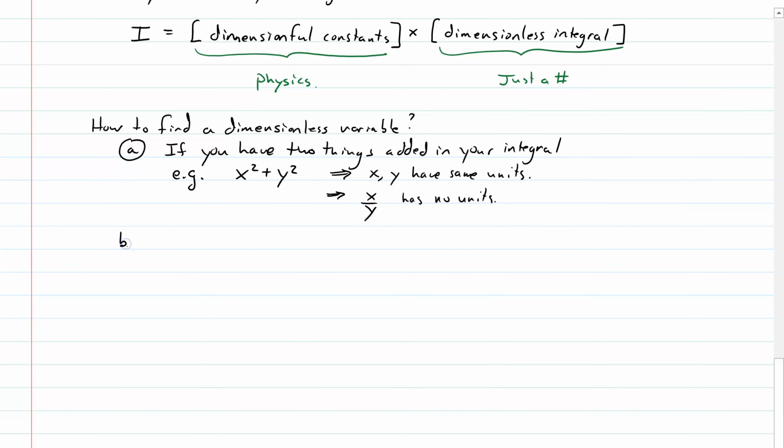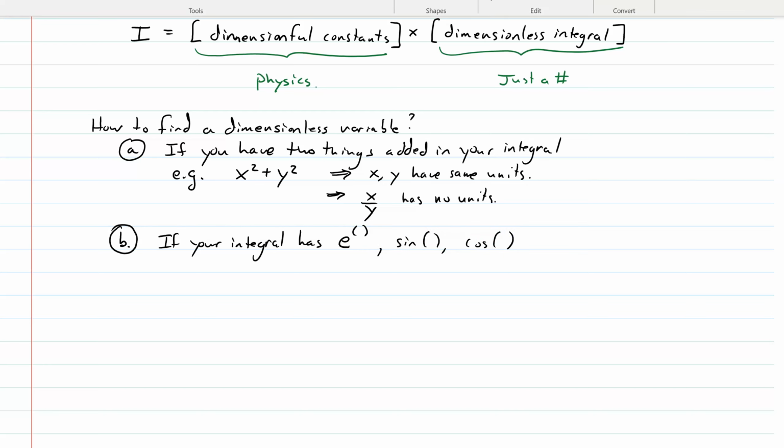The other trick is to look for things inside of sine or cosine or exponentials. So if your integral has like e to something, or sine of something, or cosine of something, the arguments of those are always unitless.